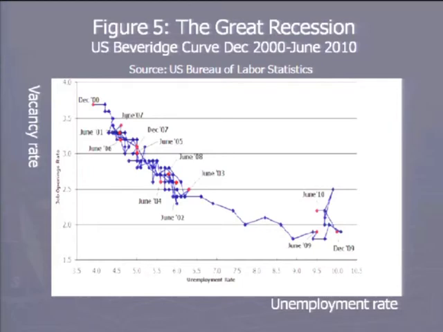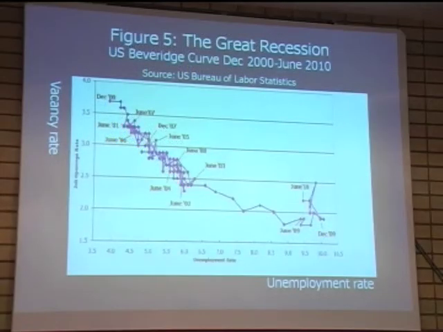Let's start up here in the left corner, because what we see is a typical pattern in a normal recession that starts up here in 2000, and then the recession occurred in 2001 and continued for quite some time. The unemployment rate rises and the vacancy unemployment ratio was falling. I'm arguing this is because of this expectation shock.